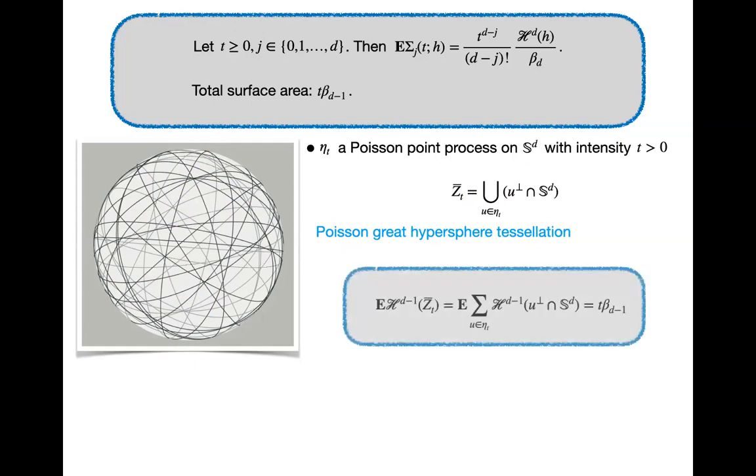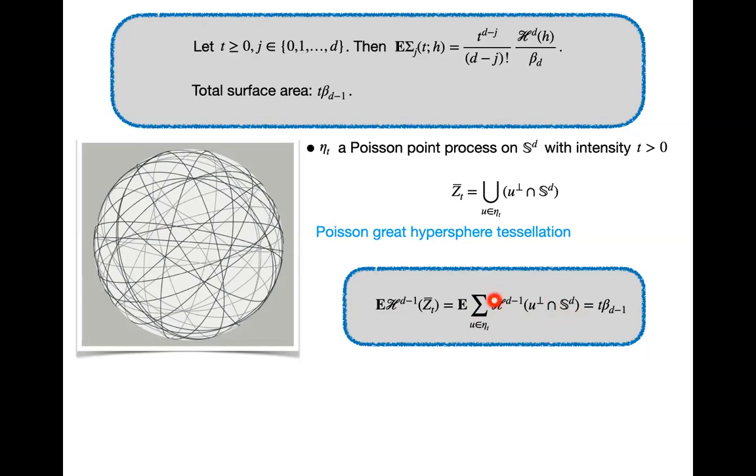And let's compute, again, the total surface area that you see here. Well, this is just the expectation. The expected total surface area that you see in this picture is, well, you sum over all your points and you take the intersection of the orthogonal hyperplane with the sphere.